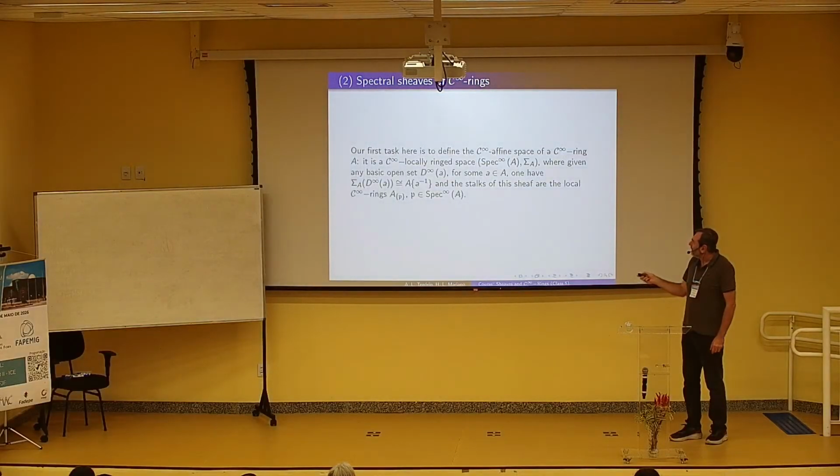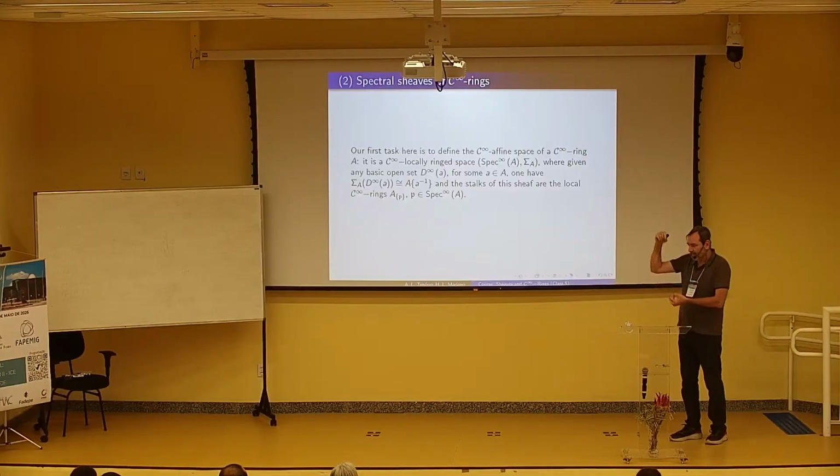Ok, então agora a gente passa para a segunda etapa, que é considerar feixes espectrais sobre esses anéis sem infinito. Acho que a Ana falou rapidamente sobre espaços localmente anelados, quer dizer, feixes de anéis onde a fibra em cada ponto é um anel local, tem um único ideal maximal.